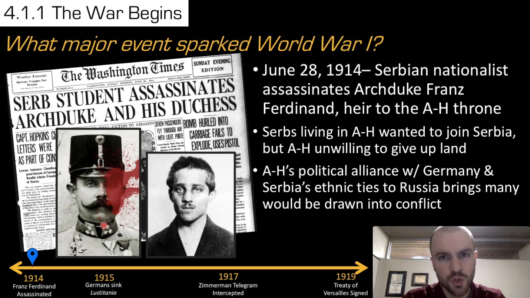Now, the Archduke is a position that is the heir to the throne of an empire. So in this case, Archduke Franz Ferdinand, I want you to think of him like the Prince of Austria-Hungary. He is next in line to the throne. He is the son of the emperor, and he would become the emperor once his father dies. So a very, very important person, arguably second most important person in all of Austria-Hungary.